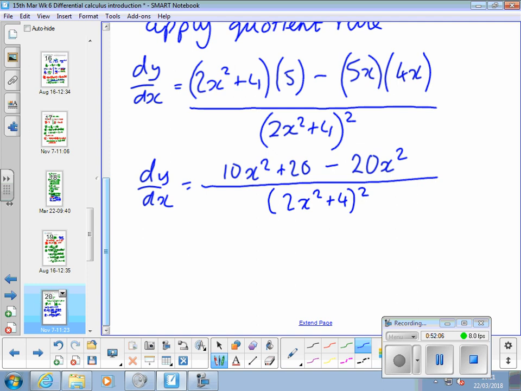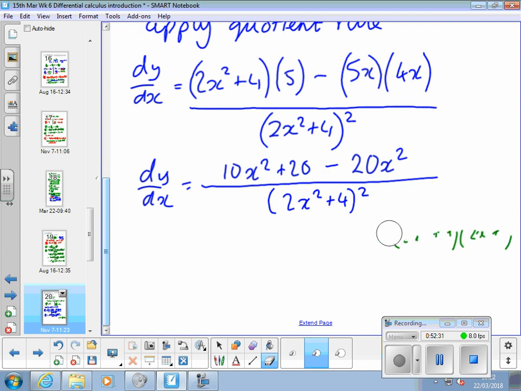If you multiply, what we're looking at there is effectively 2x squared plus 4 multiplied by 2x squared plus 4. If you multiply them out, you're just going to make a bigger mess than you've already got. At the moment, leave it like that.